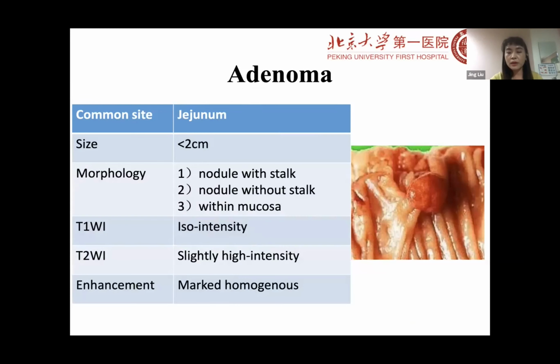First, the adenoma. Adenoma is the most common type of benign tumor in the small bowel, and it usually appears as a nodule with or without a stalk, or just within the mucosa. After introduction of the contrast agents, it always appears markedly and homogeneously enhanced.